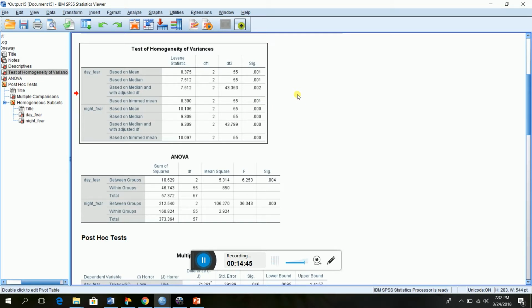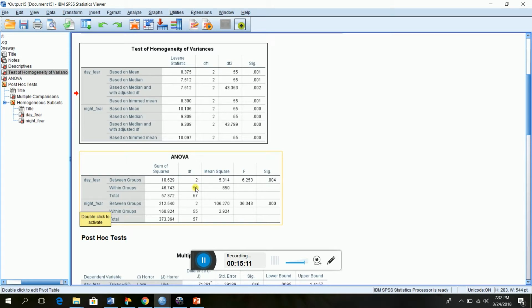All right, over here is the ANOVA. And remember, we have 2 ANOVAs. We have one on the love, like, and hate groups during the day, and we have one to compare love, like, and hate during the night. Let's look at the day one first. And we probably need to report degrees of freedom. We have 2 and 55 degrees of freedom.